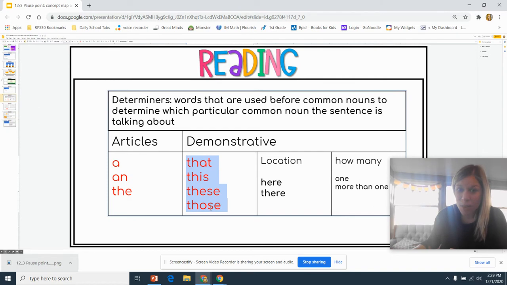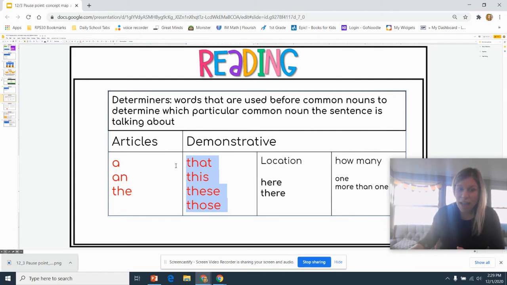that, this, these, and those. Now, demonstratives, they tell us the location, or where. So it could be close to us, or it could be far away from us. So it could be here, or it could be way over there. Then it also tells us how many. So it could be one or more than one.